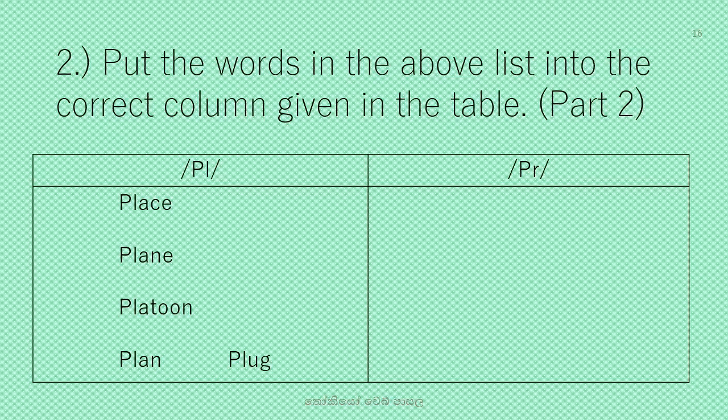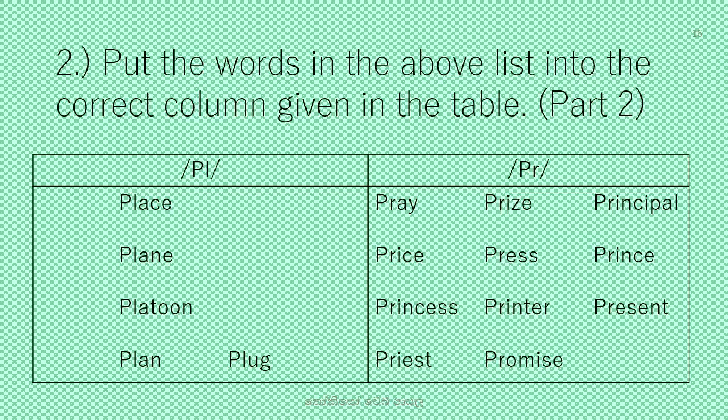And what about the second column? You will get pray, price, principal, price, press, prince, princess, printer, present, priest, promise.